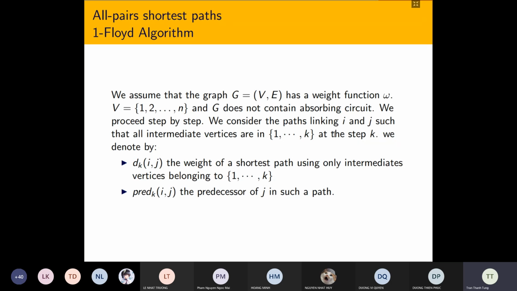In shortest path algorithms, what we try to do is find the shortest paths. Last time, single source meant from one source node, we try to find the path to all of the reachable nodes of that source. But there is another case when people say, I want to find the shortest path for all pairs of vertices in the graph.